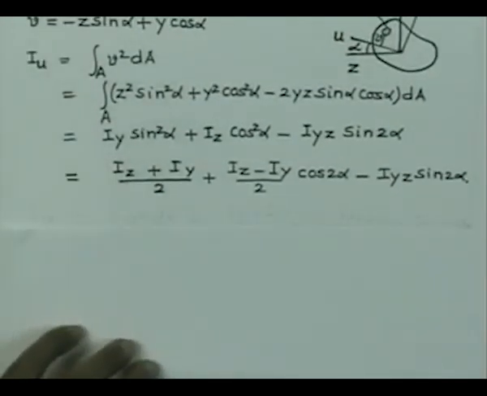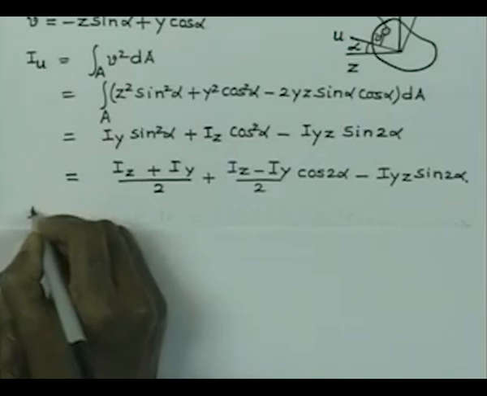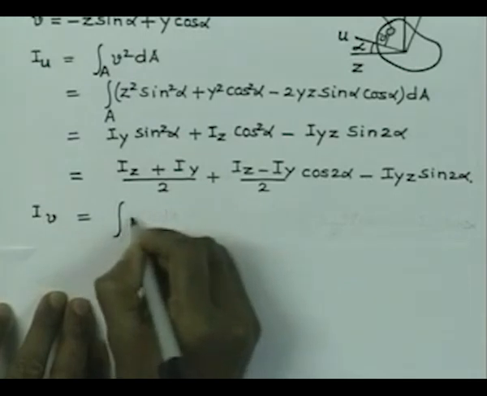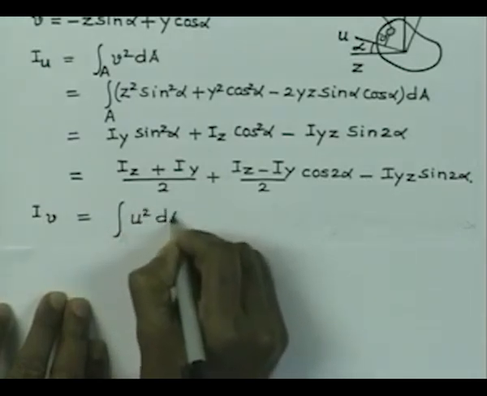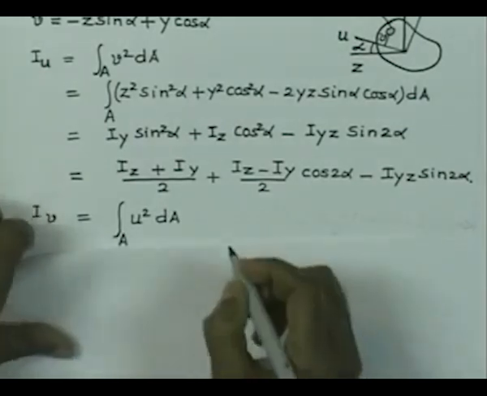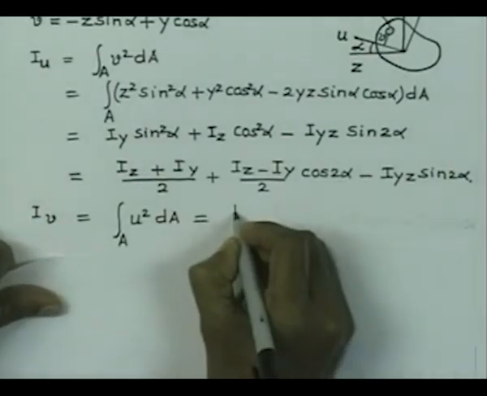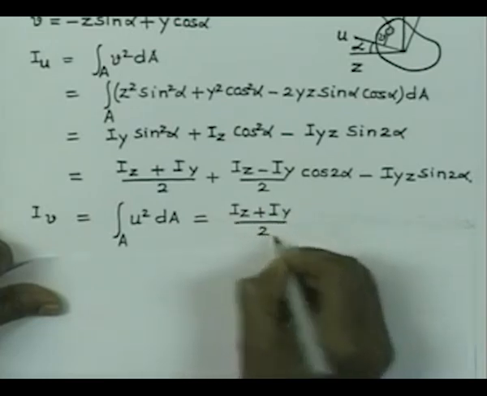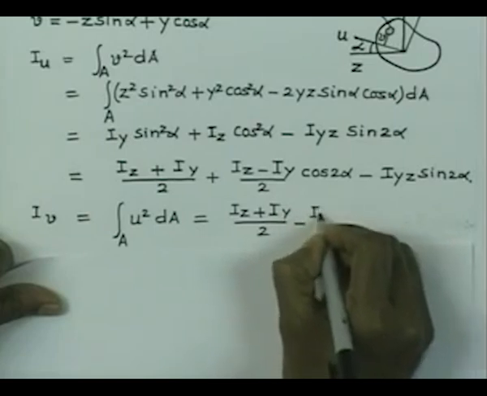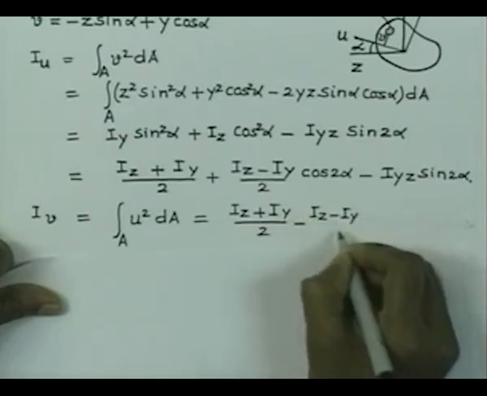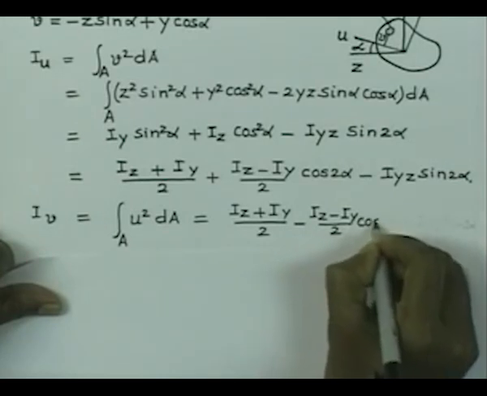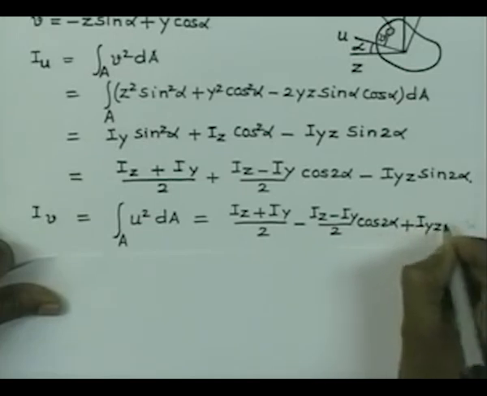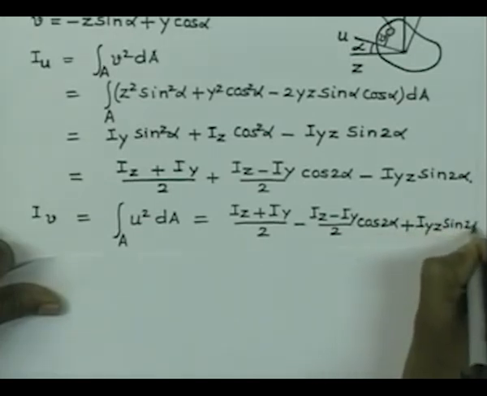By a similar procedure, I can now write the moment of inertia about the v axis as the integration of u square dA over the whole area, and this gives us (Iz plus Iy) by 2 minus (Iz minus Iy) by 2 cosine 2 alpha plus Iyz sin 2 alpha.